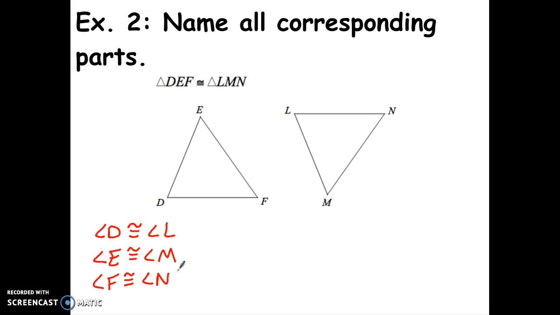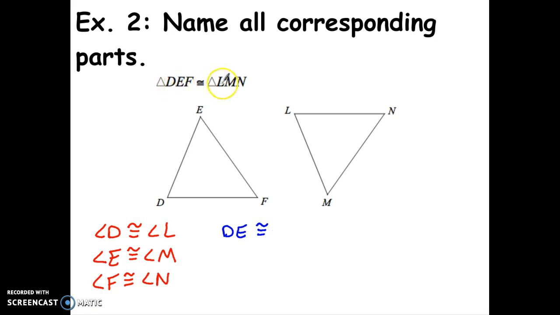So as you can see, we really don't need the figure. We're mainly paying attention to our congruent statement, and we're just following the order. Now we're not finished. We've only done the angles. Now we have to do the sides. So line segment DE is congruent to, so DE is here, the first two letters.